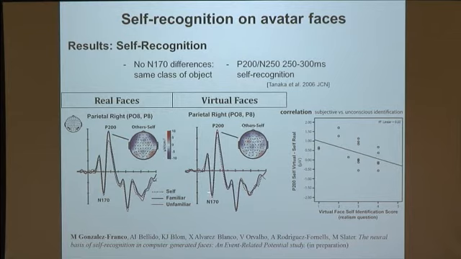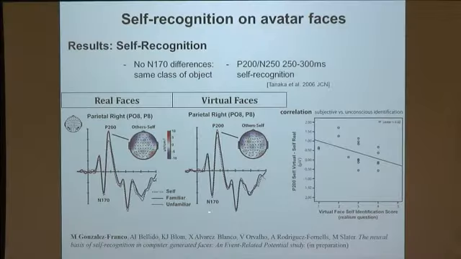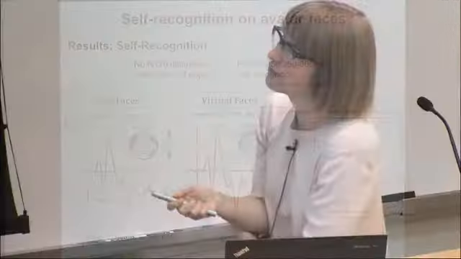Usually when the object is classified as a different category, we find a difference in the N170. So this object is different than that object. This is 170 milliseconds after the stimuli, so it's super fast. And we don't find differences here, so they are same class objects. But we do find differences in the P200, also referred to as N250.